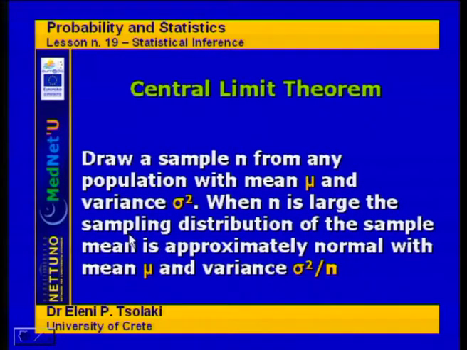The sampling distribution, we mean the distribution of the sample mean, is approximately normal with the same mean as the mean of the population and the variance sigma squared over n.